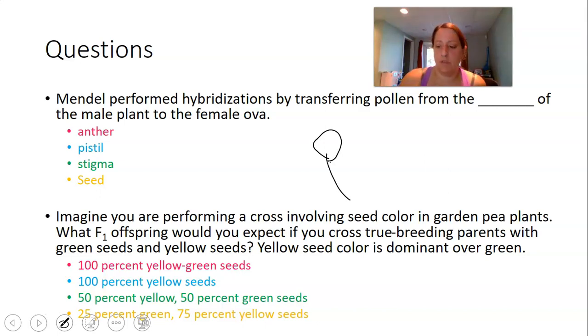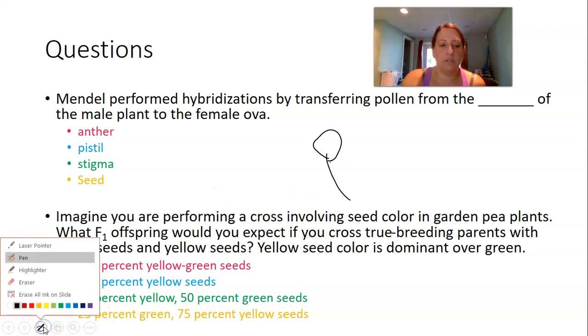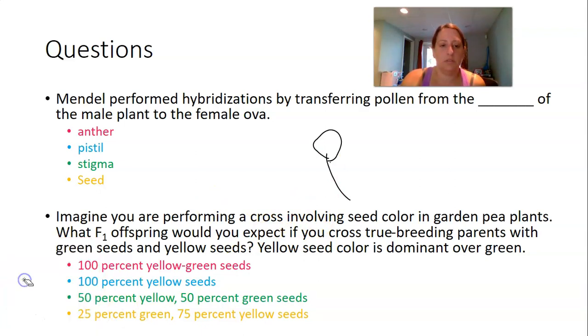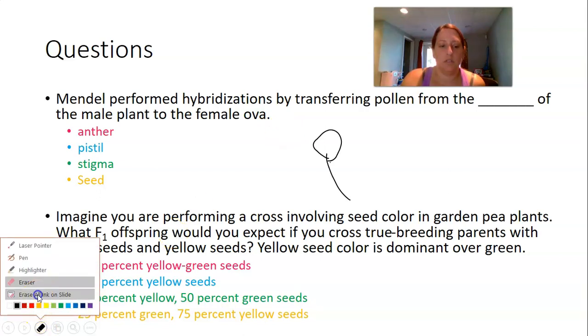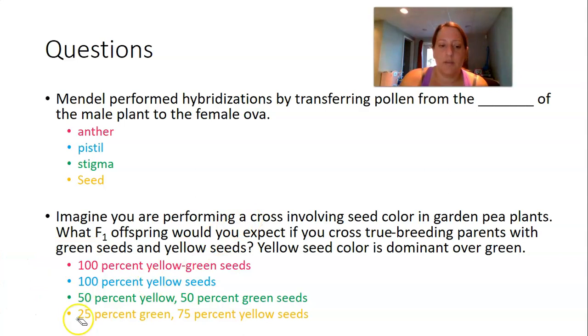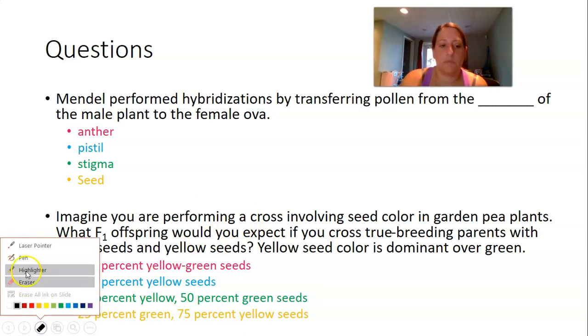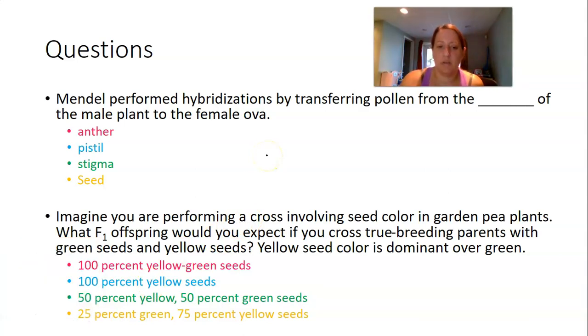Okay, so let's figure this out a little bit. Okay, so we've got the common garden pea plant, and we're talking about two parents that are true breeding, and yellow is dominant to green.